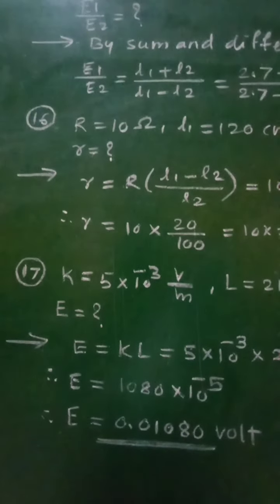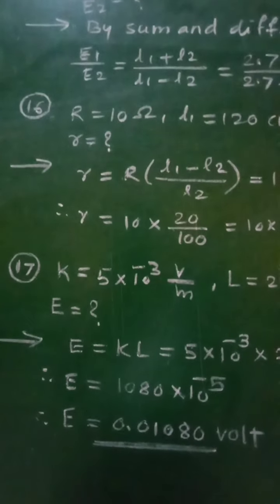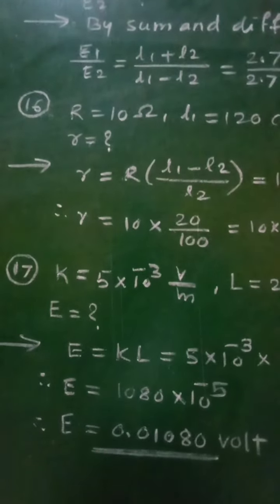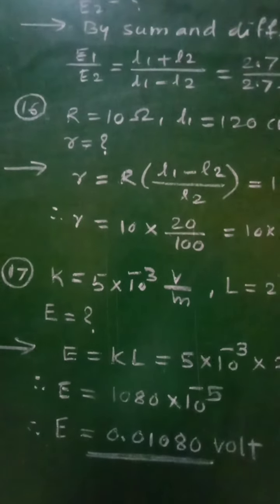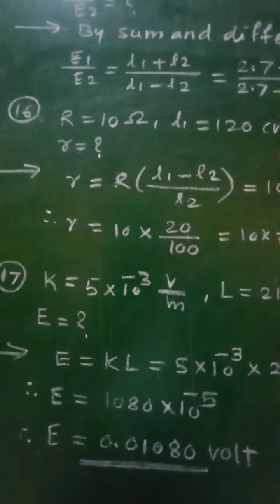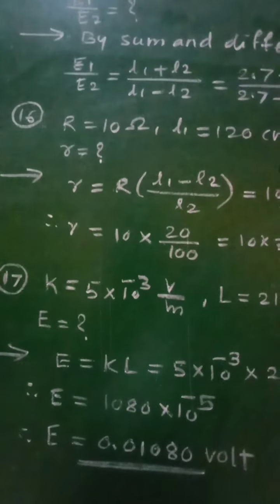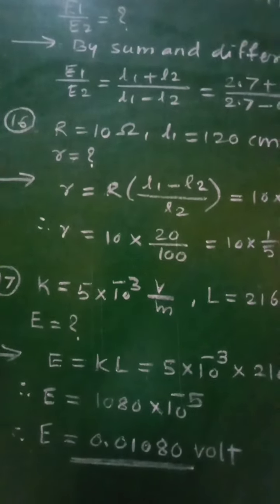Then we will go for numerical number 17, which is stated as: a potential drop per unit length along a wire is 5 into 10 raised to minus 3 volt per meter. If the EMF of a cell balances against length 216 cm of this potentiometer wire, then find the EMF of the cell.